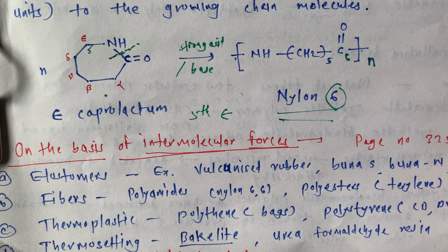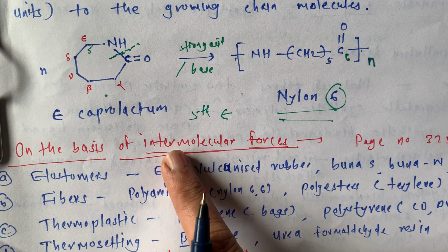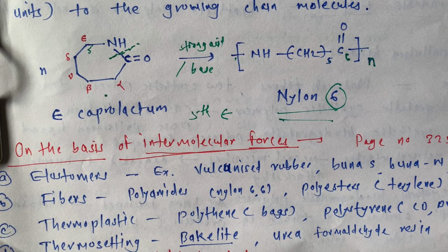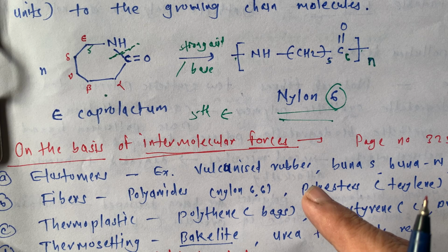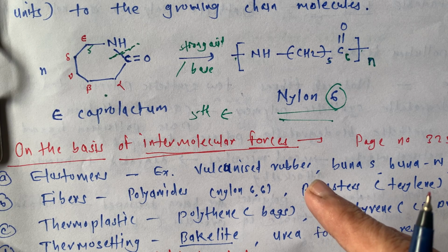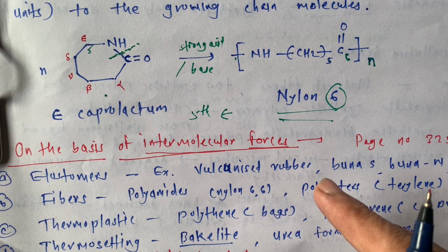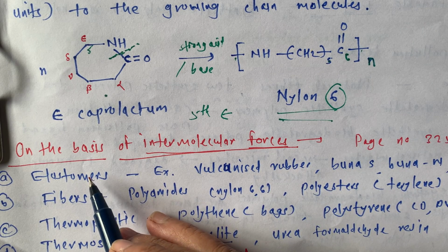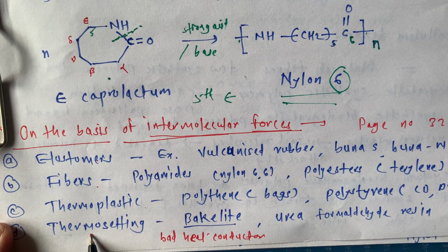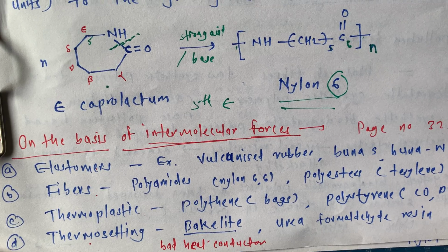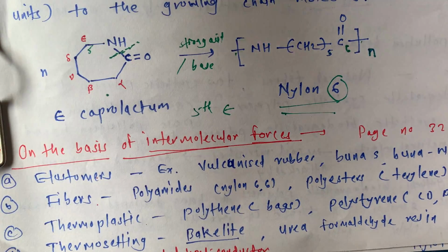Related to these intermolecular forces, in our 12th standard polymer topic, there are four types: elastomers, then fibers, then thermoplastic, and then thermosetting. Now what are elastomers?